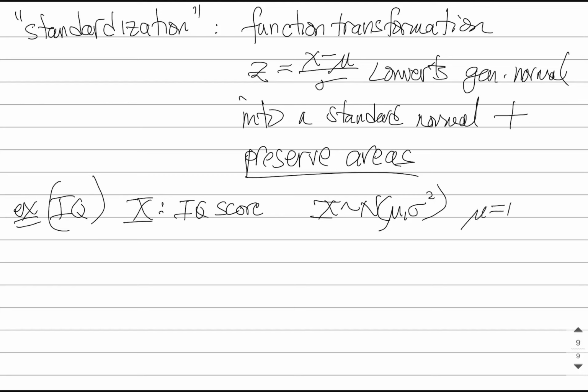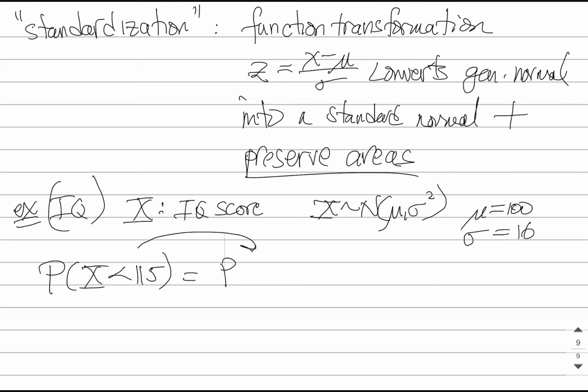We're told that the mean is 100 and that the standard deviation, not the variance, the standard deviation of scores is 16. So the question that we are asked is, what's the probability that I'm going to encounter scores less than 115? Now note, because we're using a continuous random variable, it doesn't really matter if we talk about less than versus less than or equal to.